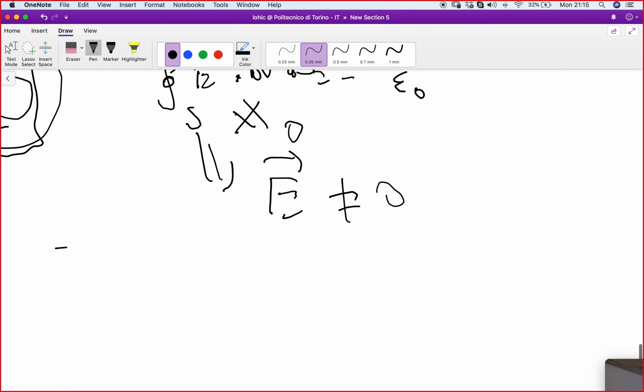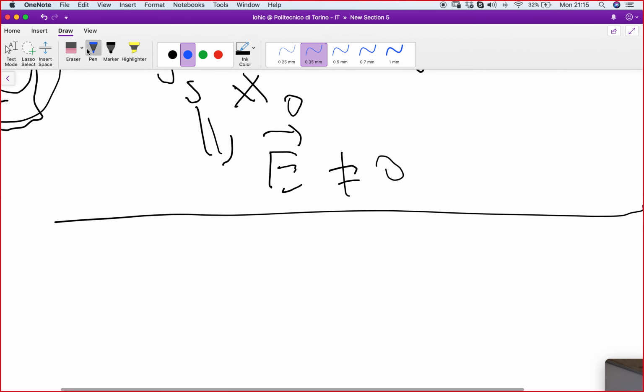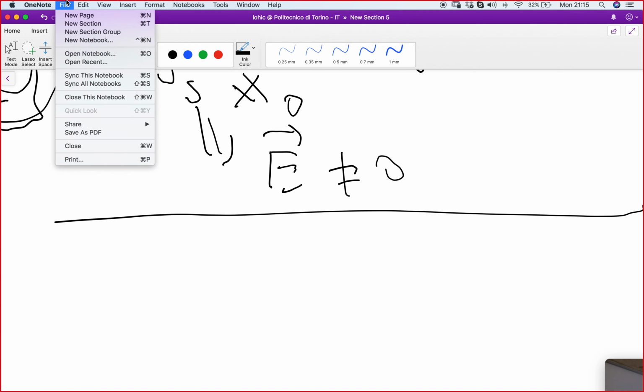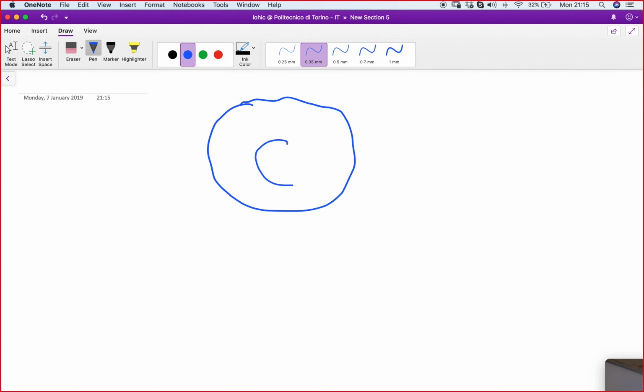This means that anytime I put a charge in the cavity, let's draw again the stuff. Let me take a new page to make it more clear. Anytime this is a conductor, if I put a charge Q plus here, what will happen?